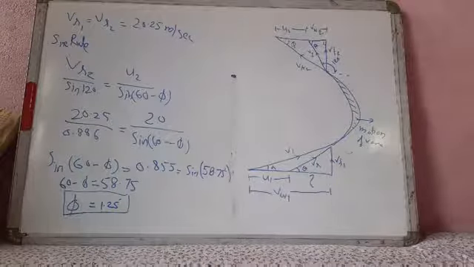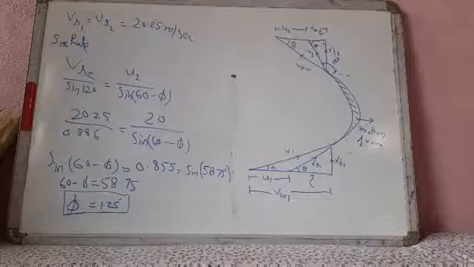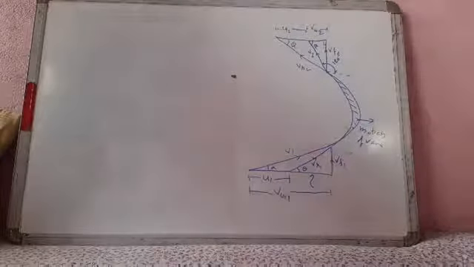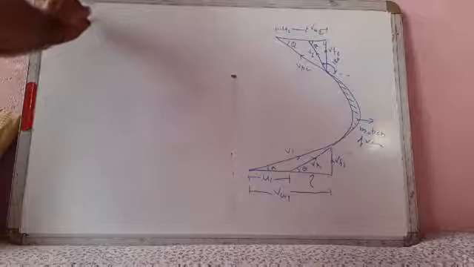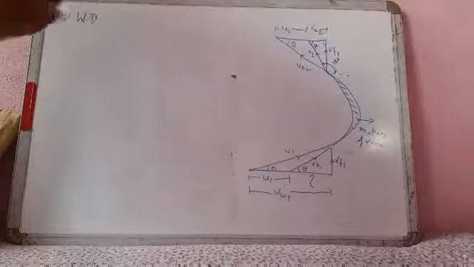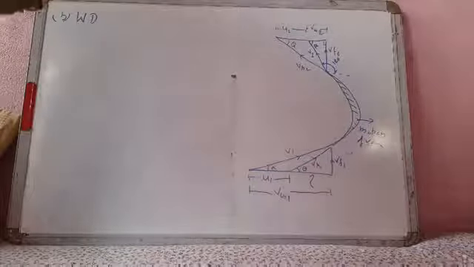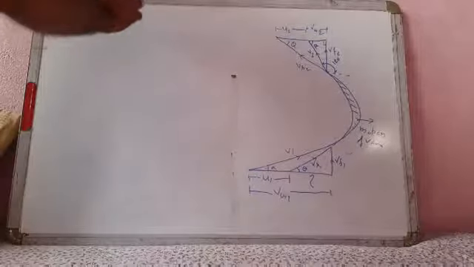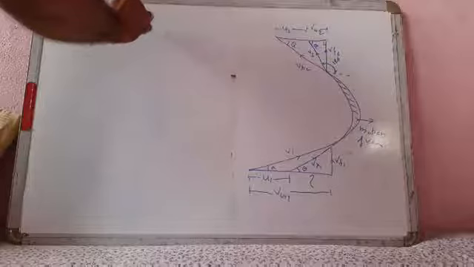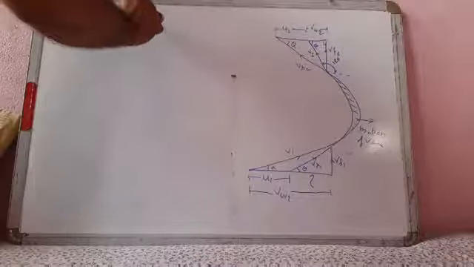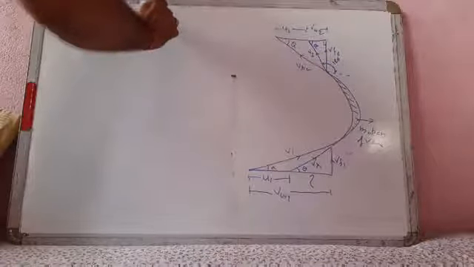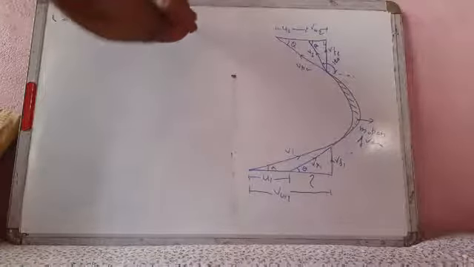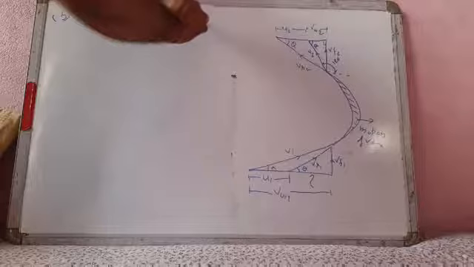The value of phi comes 1.25 degree. Now calculating the work done per unit weight of water entering. Work done is equal to 1 by g times VW1 plus VW2 into U1.